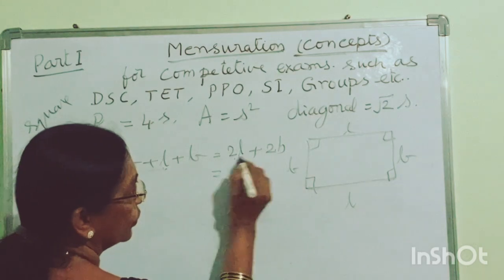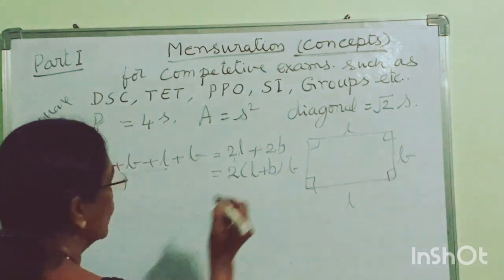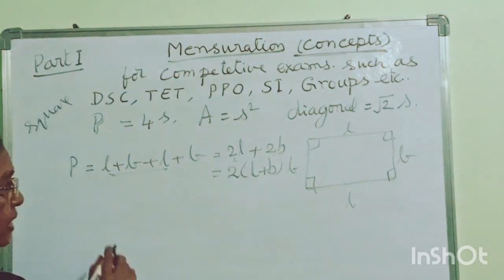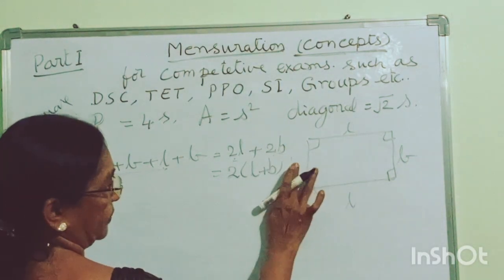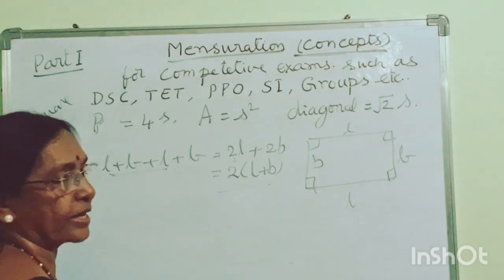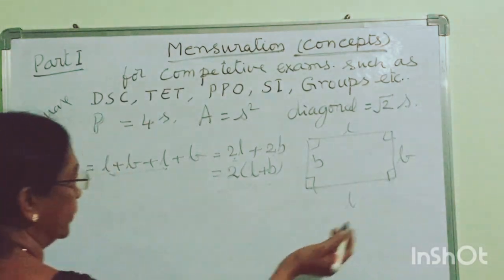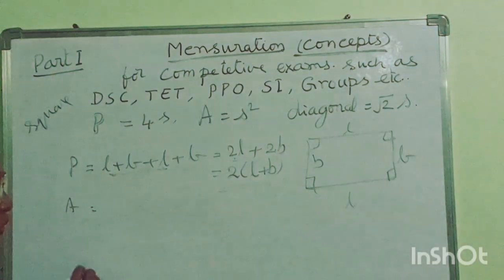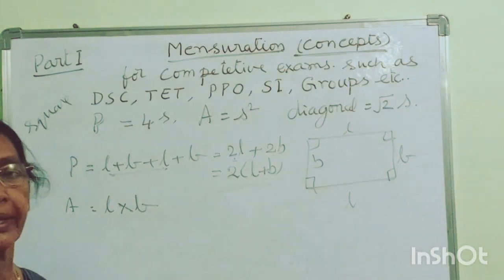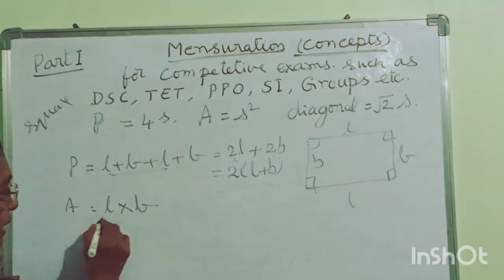Bringing out 2 from these two terms, 2 into L plus B. So the perimeter of a rectangle is 2 into L plus B, and it has the same units as the length or breadth. Whereas the area is length into breadth, L into B.